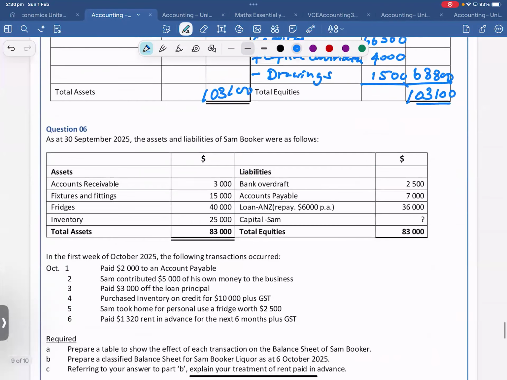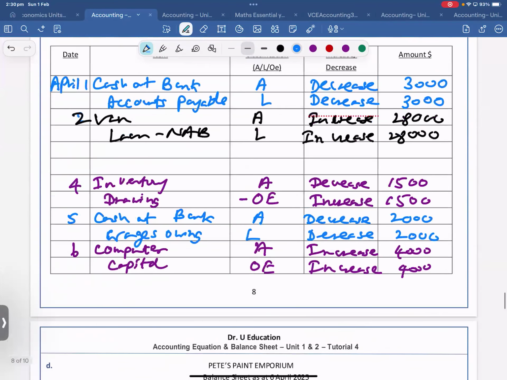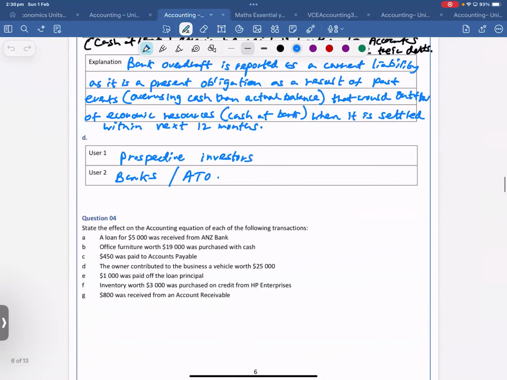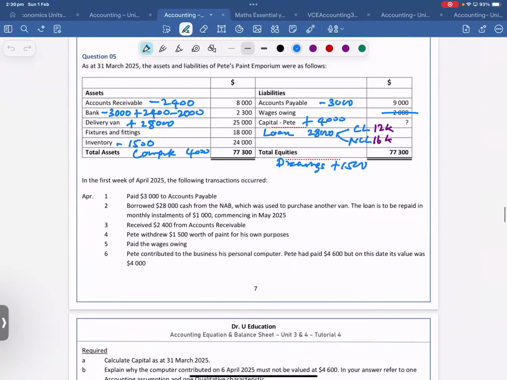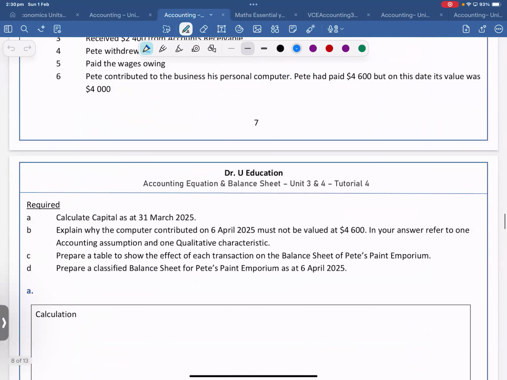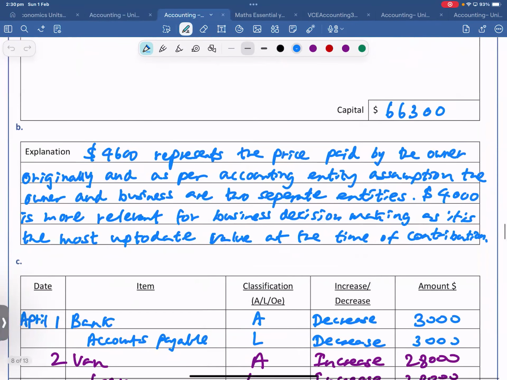You can try question 6 at home. That's the end of the tutorial as well. If you want to take down the answer for part B: explain why the computer contributed must not be valued at 4,600. Refer to one assumption. Take down this one because your teacher wanted you to learn this. That's where we use the accounting entity.